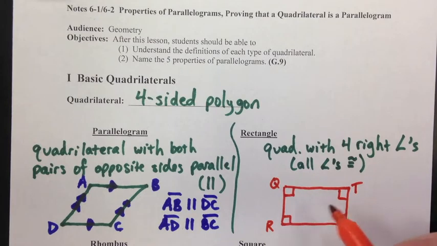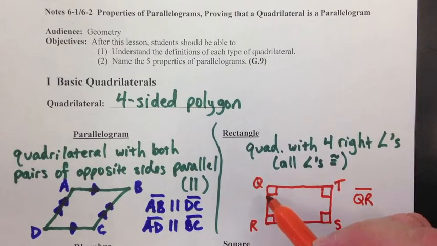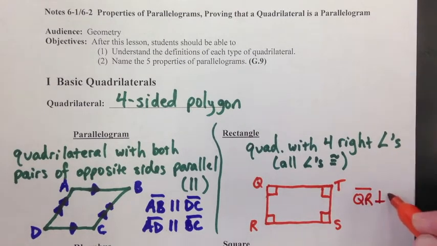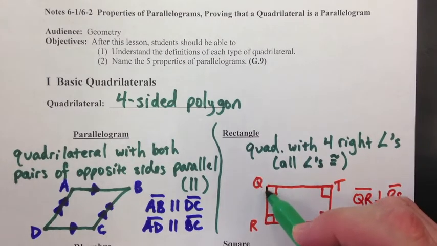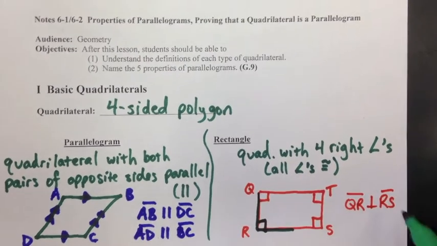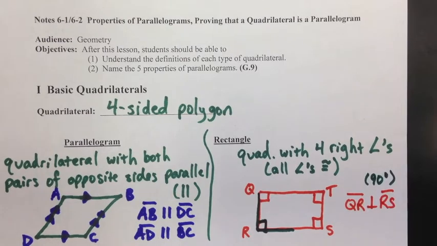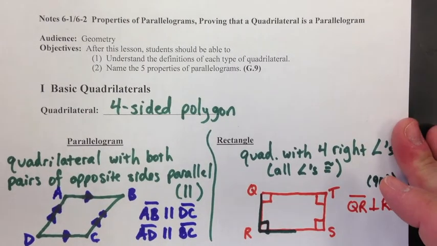You can say, for example, that segment QR is perpendicular to segment RS. Now perpendicular, here's QR, here's RS. Perpendicular means they form 90 degrees. Remember that that's right angles. Okay, so that's a rectangle.